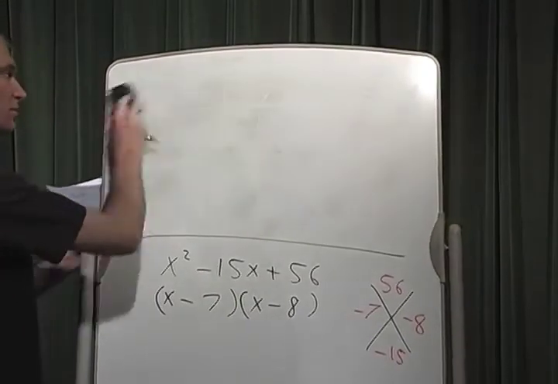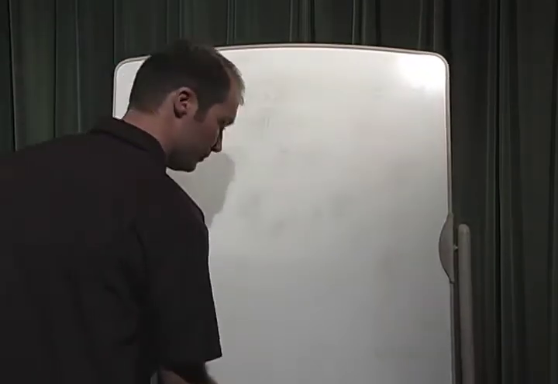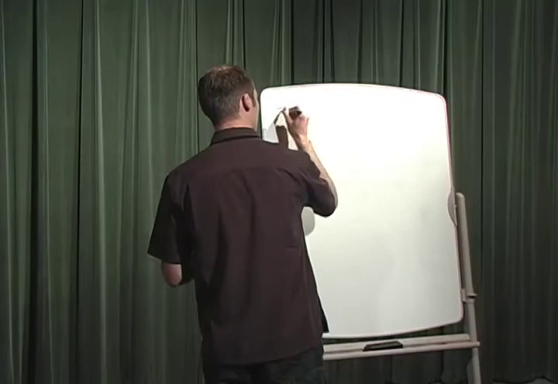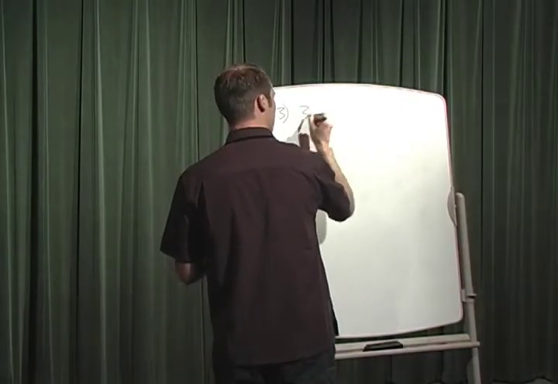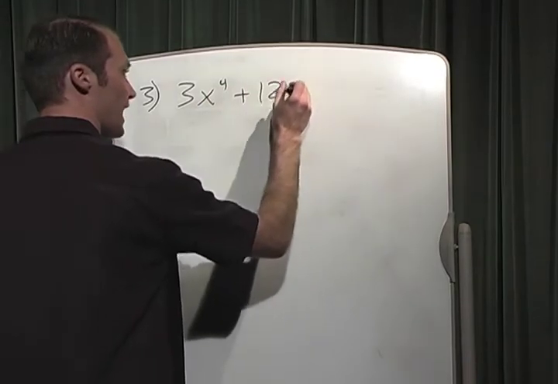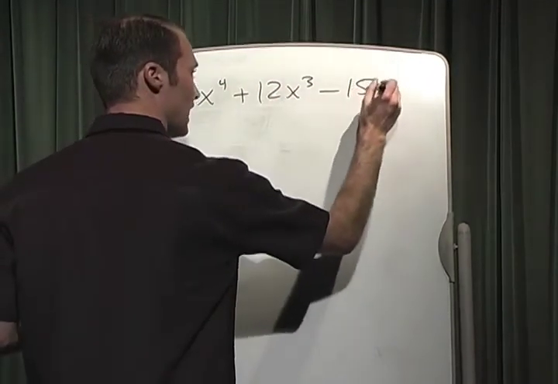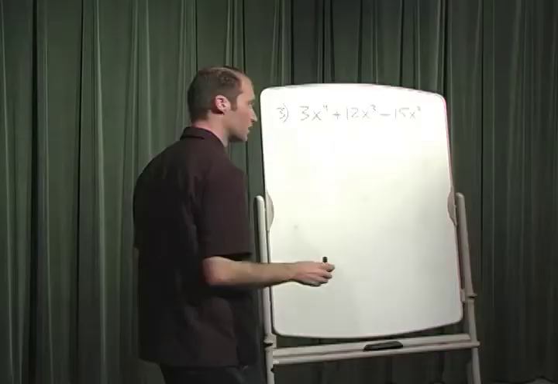Clear a little bit of board space. Three x to the 4th plus 12x cubed minus 15x squared.